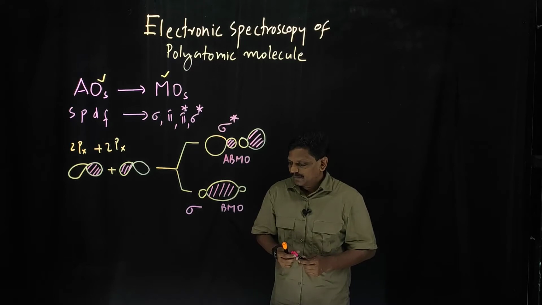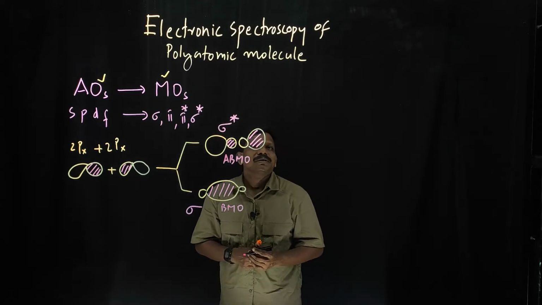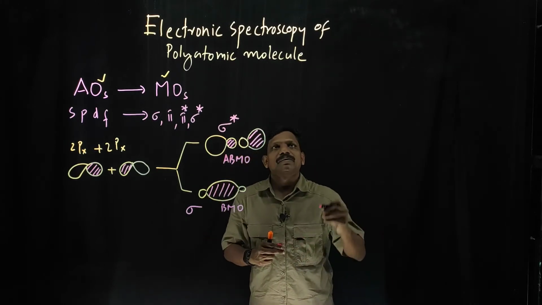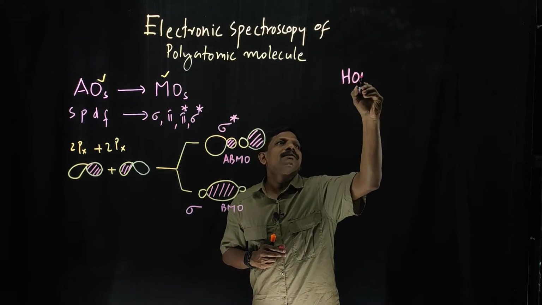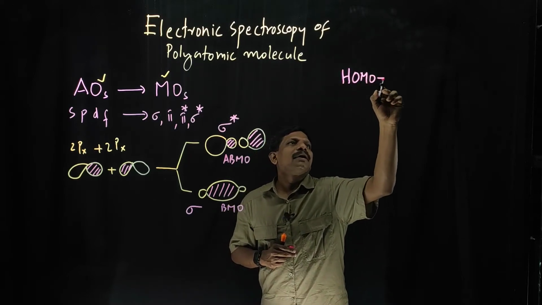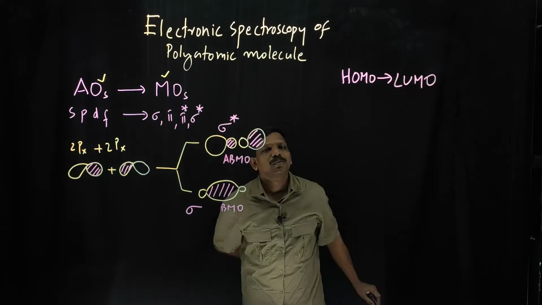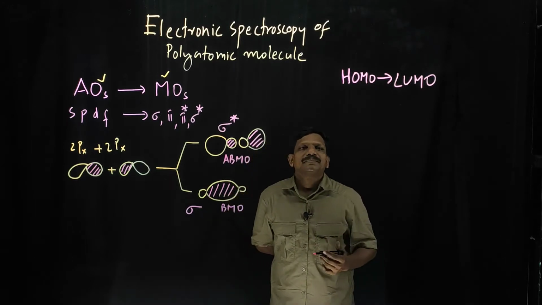I am telling you this because I want to talk about the electronic transition. Normally an electronic transition takes place from a HOMO level to a LUMO level. What do we mean by HOMO and LUMO?